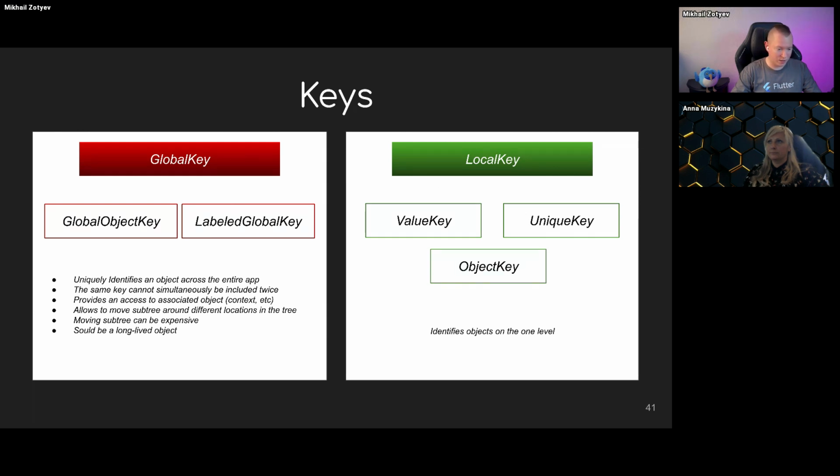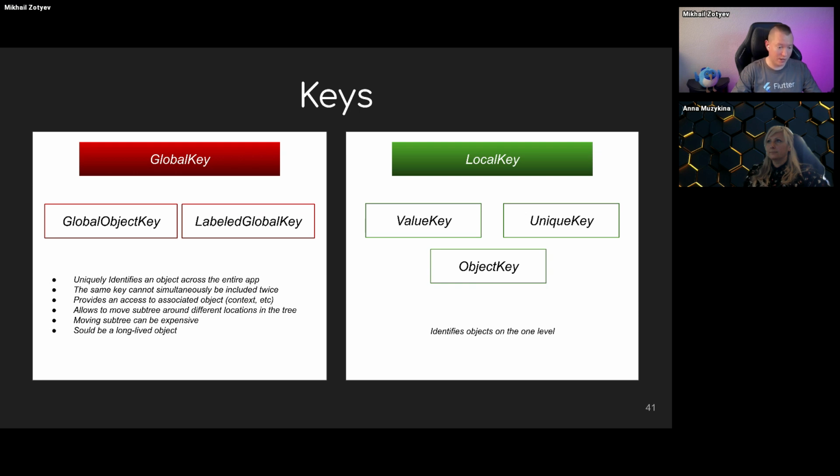So with this mechanism of reusing, a whole part of the subtrees can be moved to a separate place in the application. For example, moving from one part of UI to a completely another part of UI while keeping all internal state that exists there.